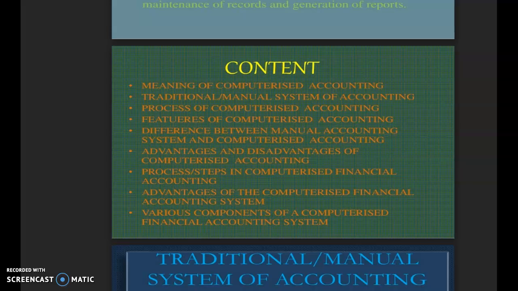Under this lecture, we will cover all these important aspects, and they are part of your syllabus.